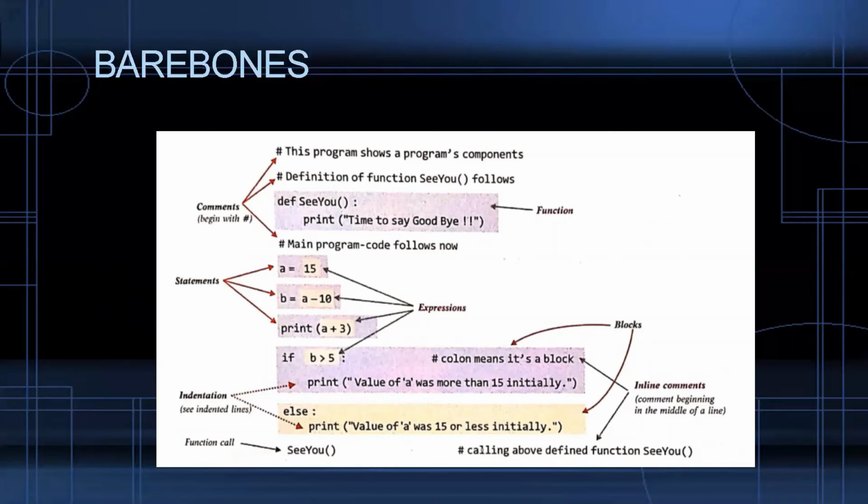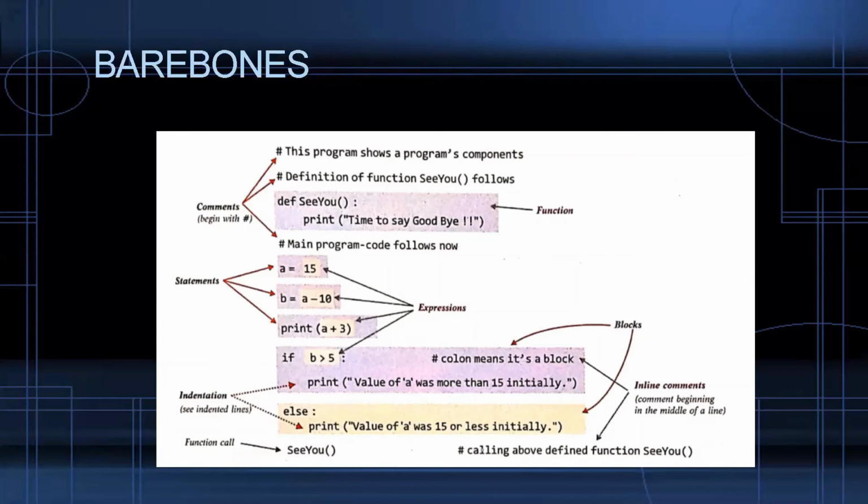In a = 15, a = 15 is an example of statements, whereas 15 alone is an example of expressions. Similarly, b = a - 10 is an example of statements, whereas a - 10 alone is an example of expression. b > 5 is an example of expression.